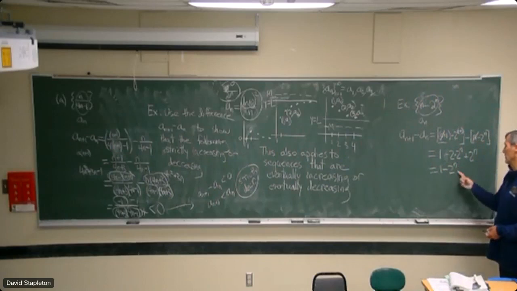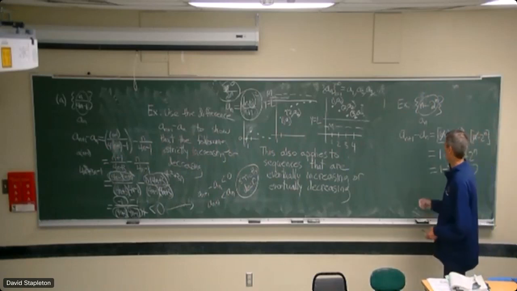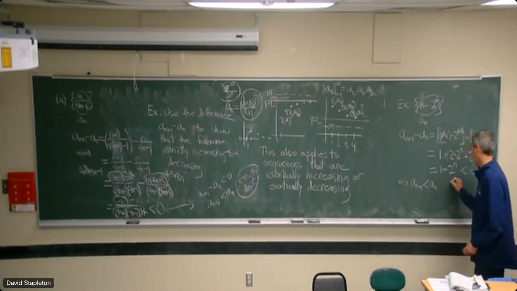This is always less than 0 for n greater than or equal to 1, strictly less than 0 because 2 to the n is 2 or bigger. So since this is less than 0, by adding a_n to each side, a_{n+1} is less than a_n, which is the definition of strictly decreasing.